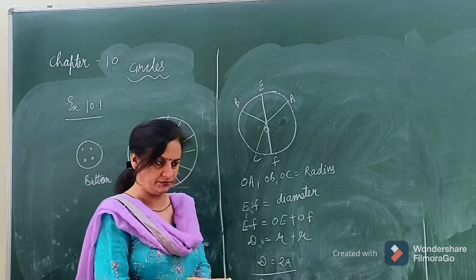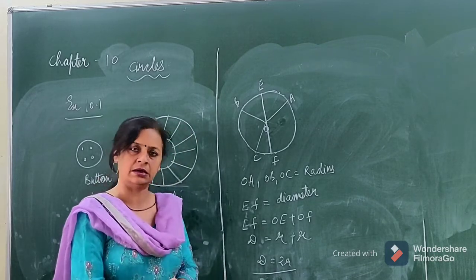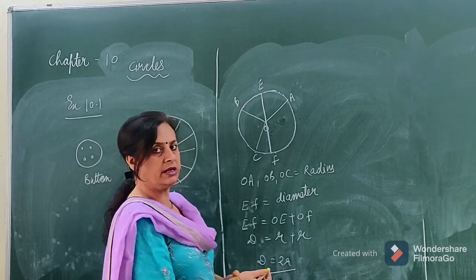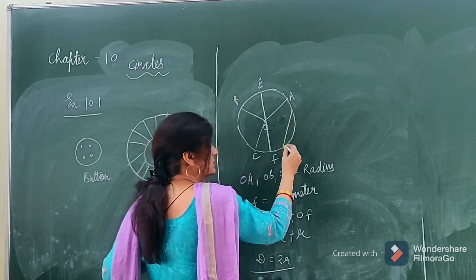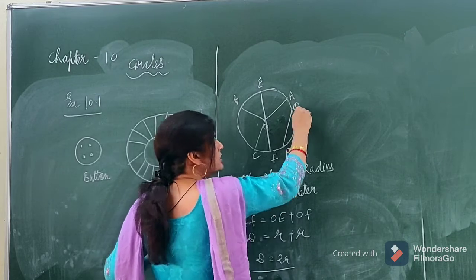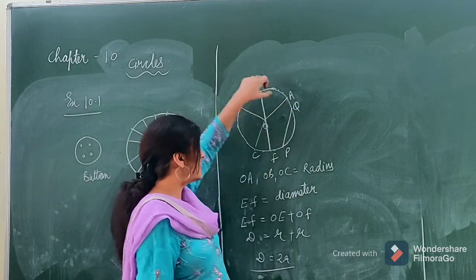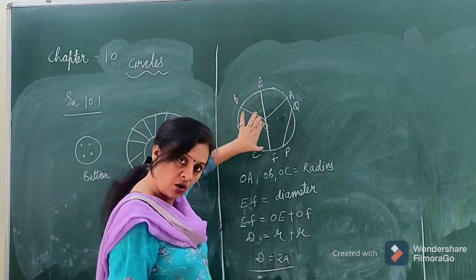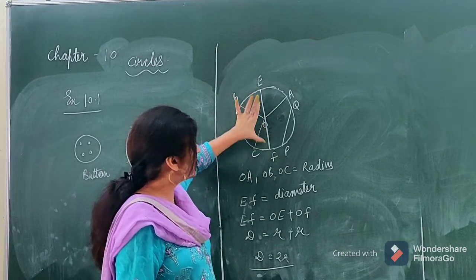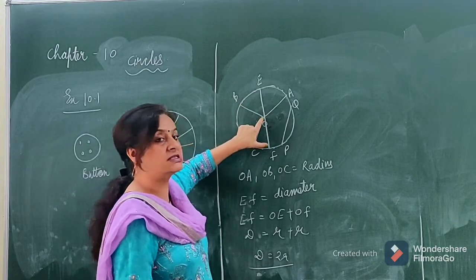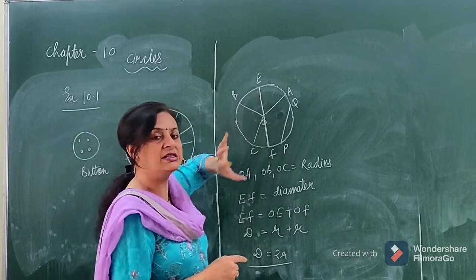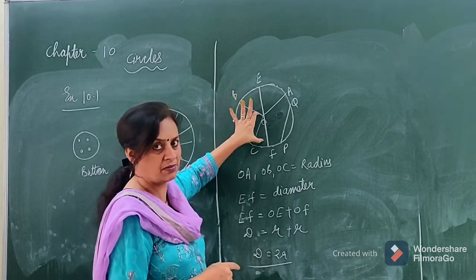Let's learn about a chord. A chord is a line segment whose endpoints lie on a circle. So here PQ is a chord. This EF is the longest chord because its endpoints are lying on the circle, but since it is passing through the center, the longest chord has become the diameter.